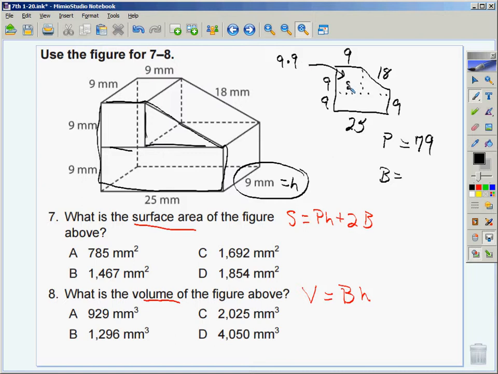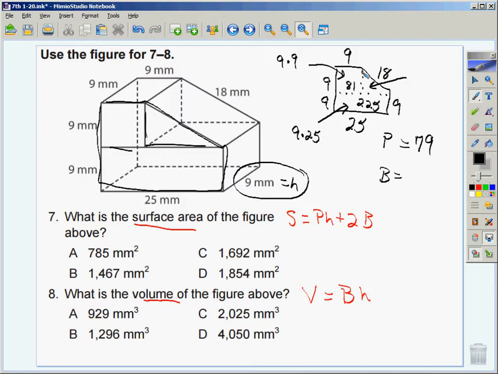So the area of the square is 81. How would I find the area of the rectangle that's on the bottom? 9 times what? 25. Length times width. The bottom is 225.